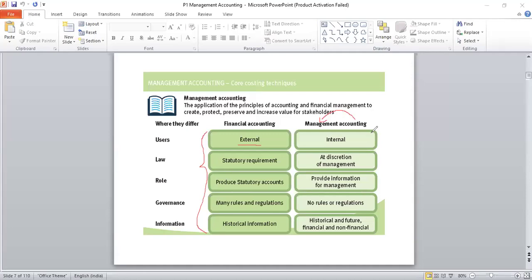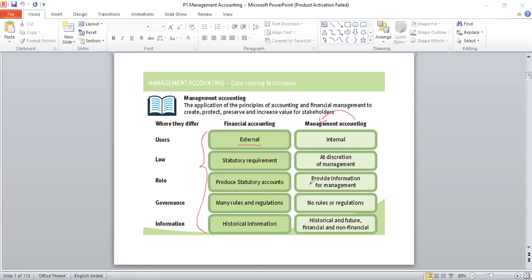It does not have to be followed in an organization. The information which is provided to the management is useful for decision making. There are no rules and regulations. Sometimes it goes with certain assumptions which are made. The whole purpose behind that is to help the management in decision making.